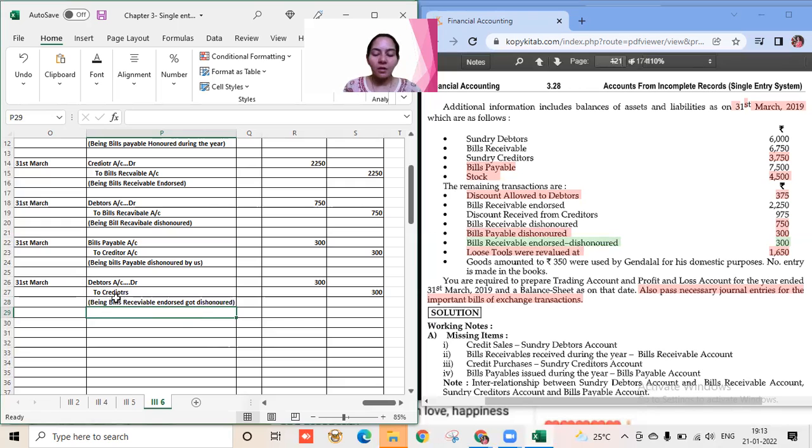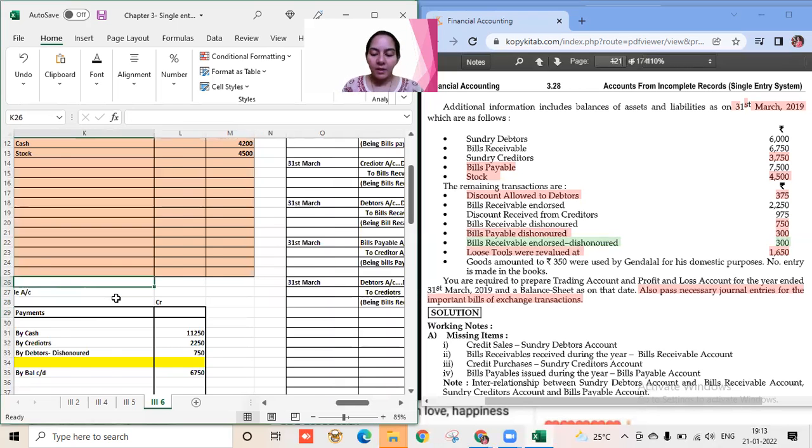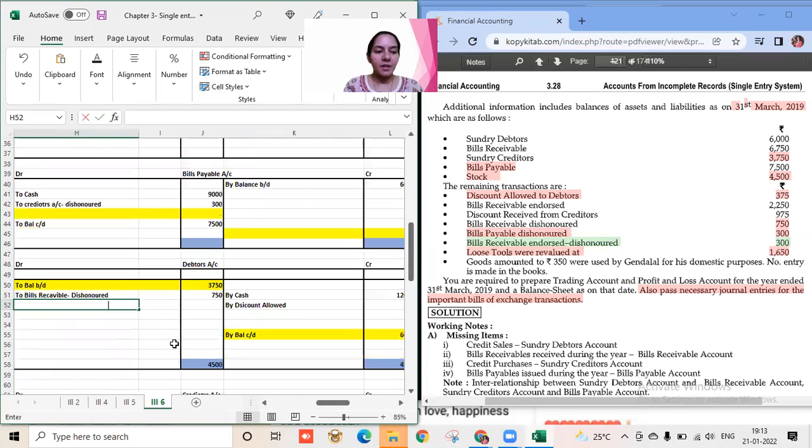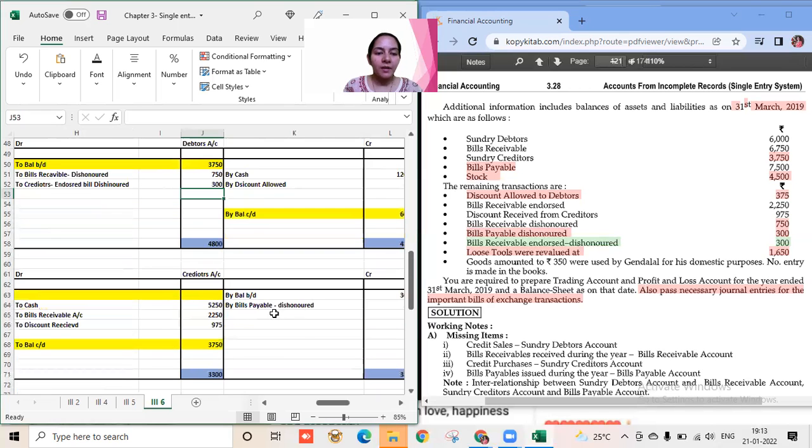So the impact is: go to the debtors account, debit side. Write here to creditors and write down here endorsed bill dishonored. Endorsed bill dishonor of rupees 300. Second impact, go to the creditors account, credit side, by debtors.